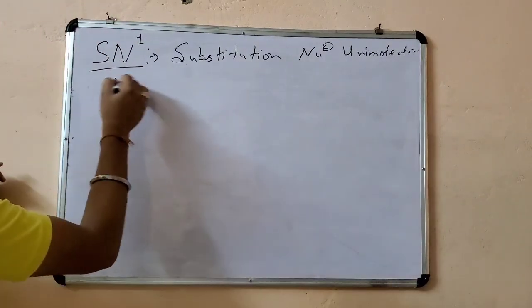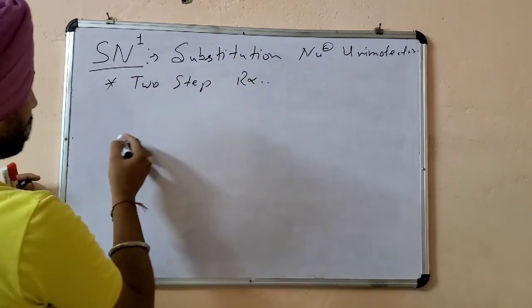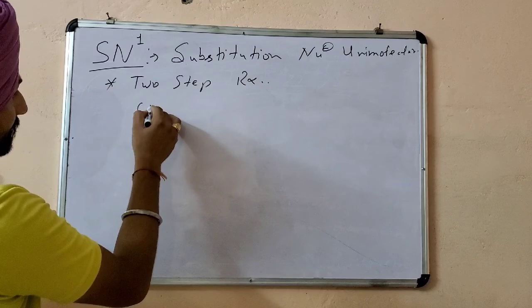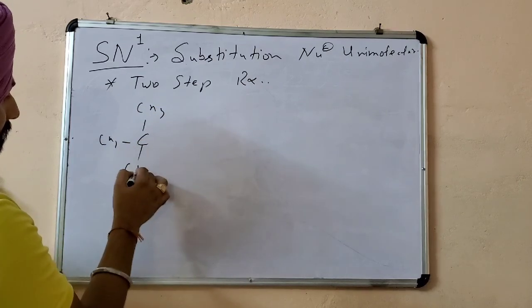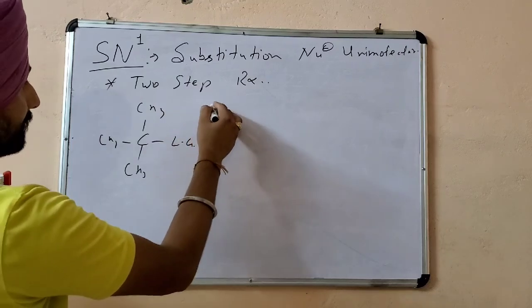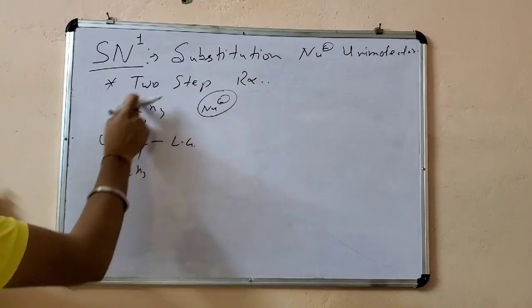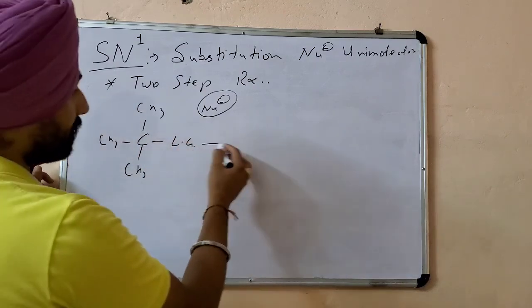It is a two-step mechanism, a two-step reaction. What happens? There is the tertiary carbon with a leaving group and an incoming nucleophile. This nucleophile cannot attack directly on this carbon because there is steric hindrance everywhere. So what will happen?